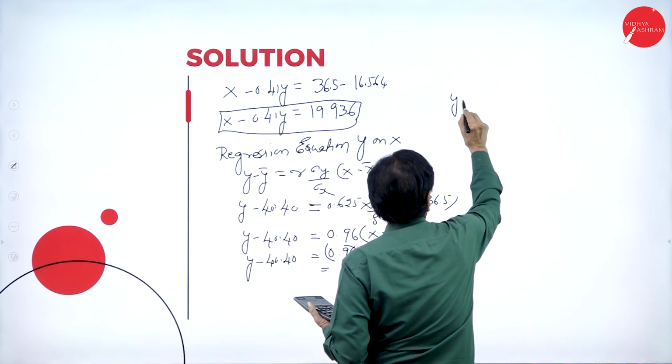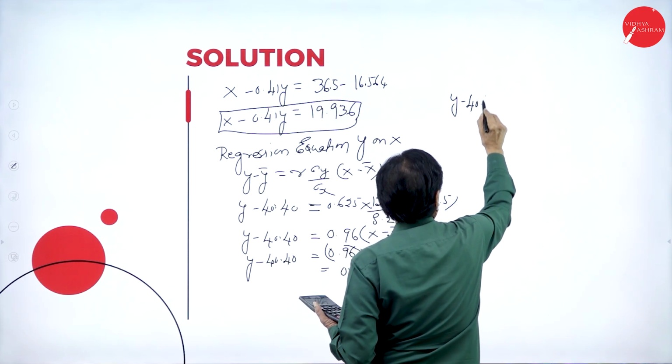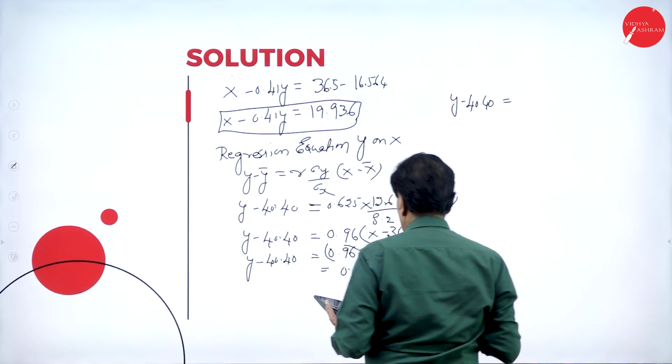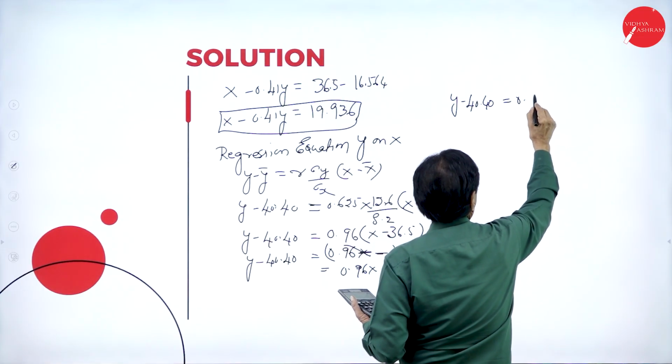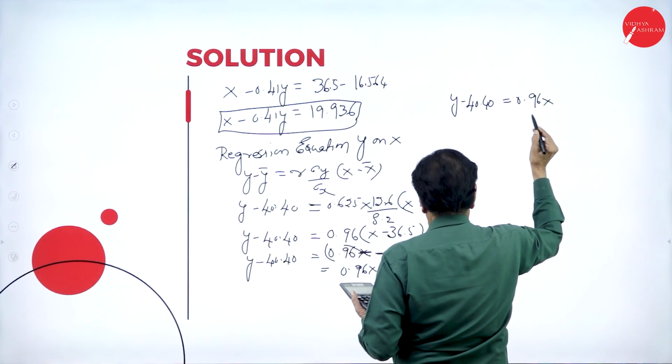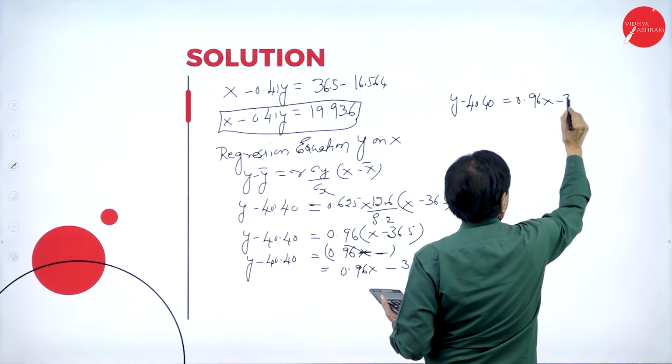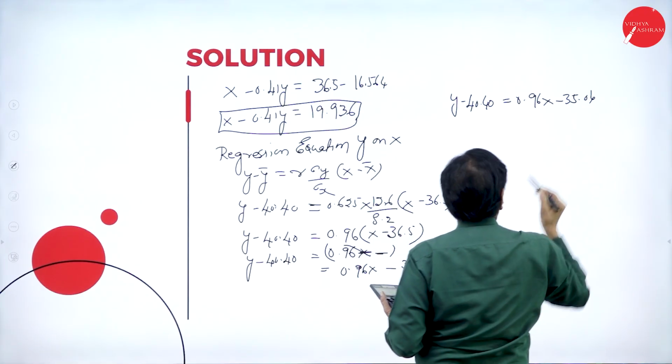Apply here: y minus 40.40 equals 0.96x minus 35.04.